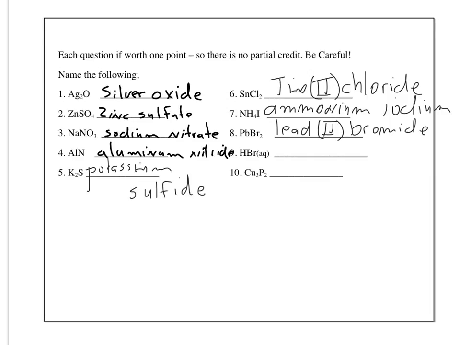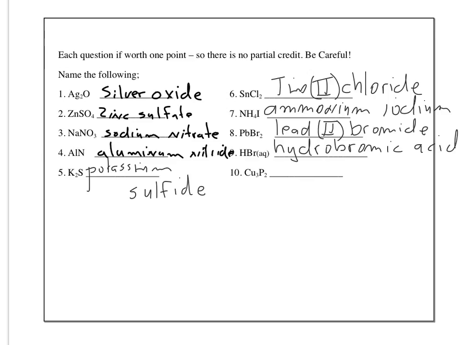The next one, so HBr in an aqueous solution, it's a binary acid, so the form for a binary acid is hydro, and then the brome, and you substitute ic, and then you must write the word acid.